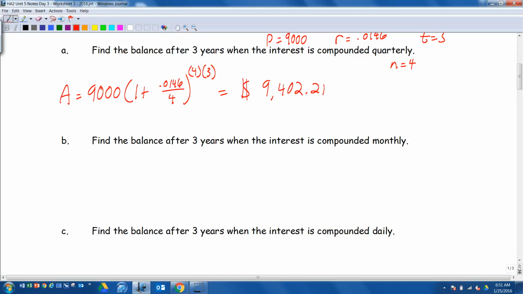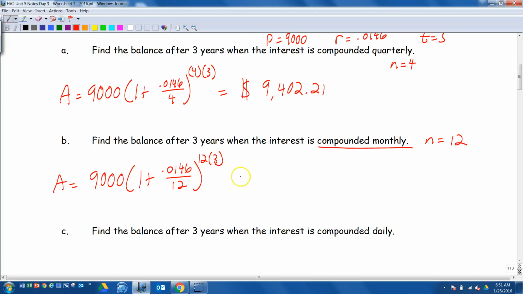Alright, B is the exact same thing, except we're compounding monthly. Well, how many months are in a year? There are 12. So the formula becomes 1 plus 0.0146 over 12 raised to the 12 times 3. When you do that, you end up with $9,402.95.